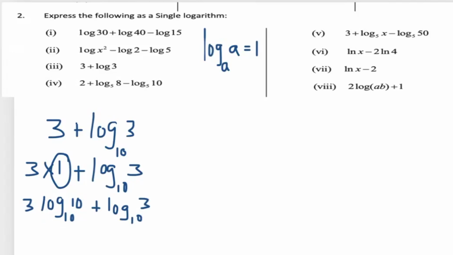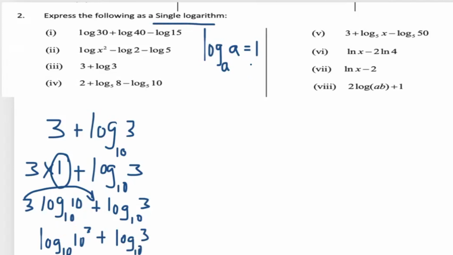The reason for doing this is that we're asked to write as a single log. After doing this, we can carry the 3 upwards because the rule says when you have a power, you can carry it up. So we have log base 10, and this is 10 cubed, plus log base 10, 3.